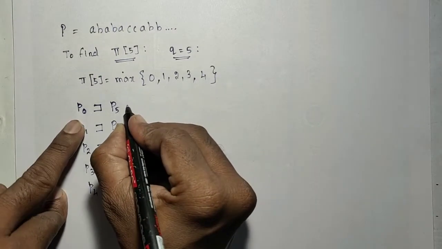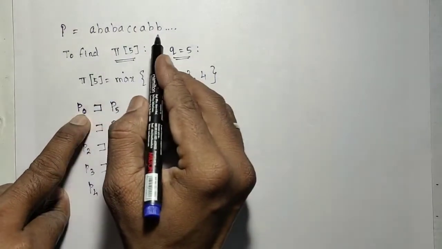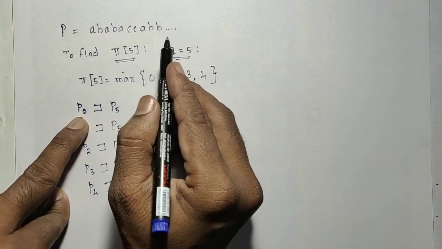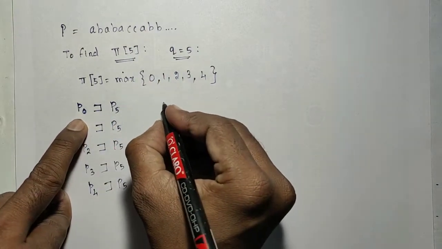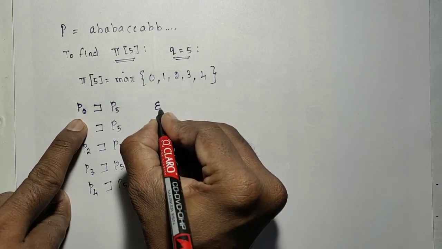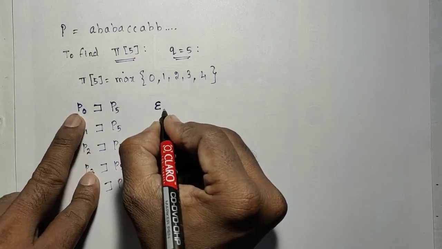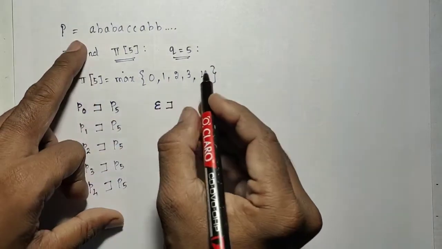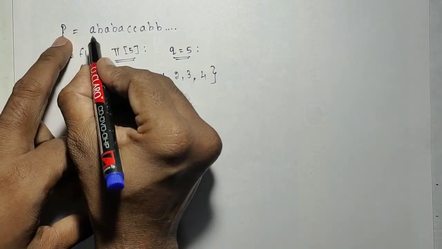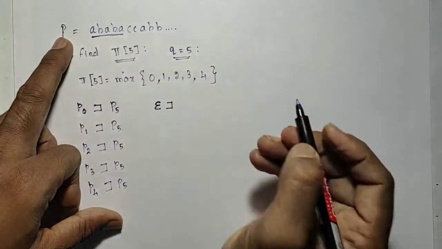It means that p0 means the first 0 characters. The first 0 characters is an empty string. Empty string is represented as epsilon. So the empty string p0 is a suffix of p5. P5 means the first 5 characters, this only we are going to consider, the first 5 characters for the prefix function.